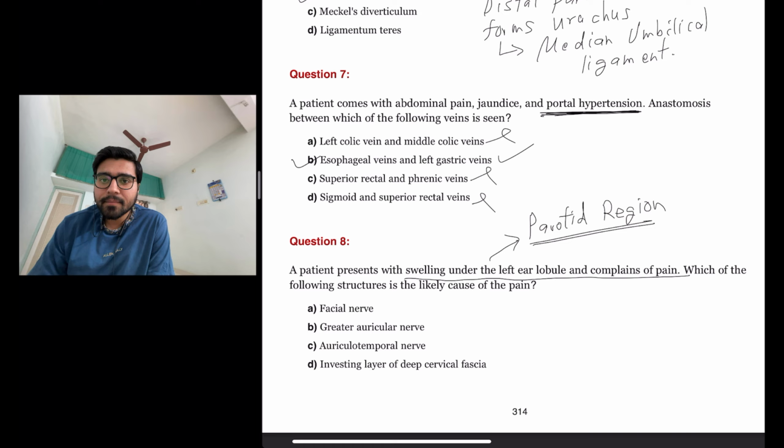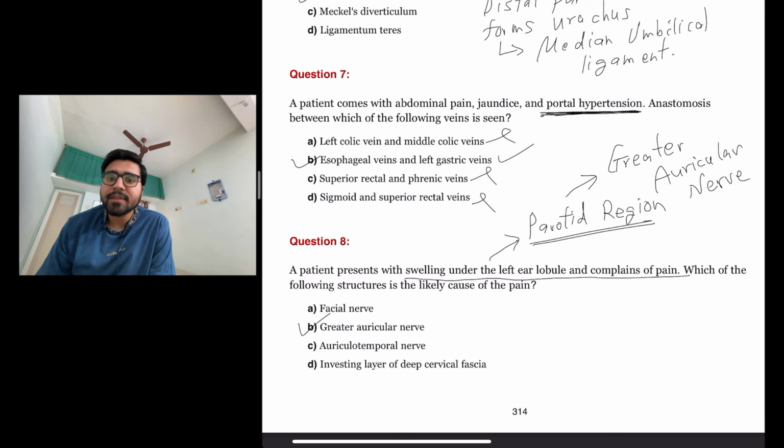So pain in parotid region is most likely due to involvement of greater auricular nerve. So the answer here is B, greater auricular nerve.